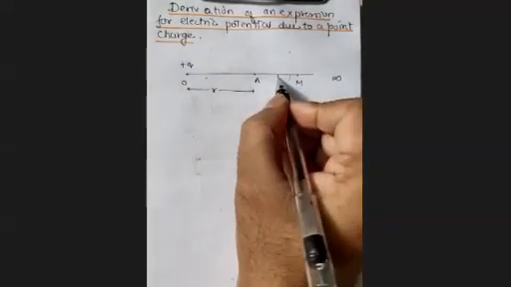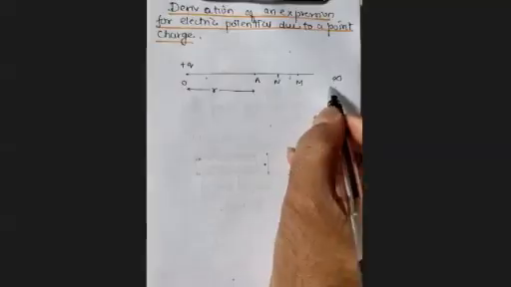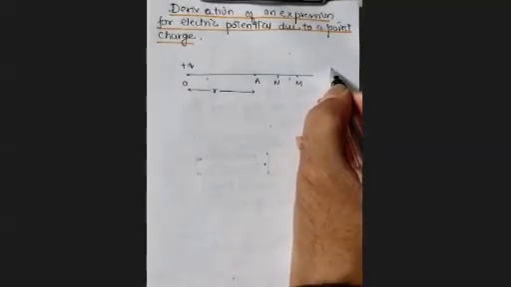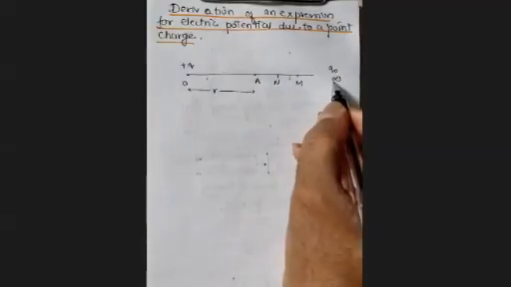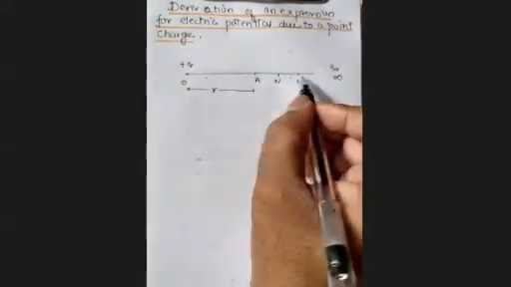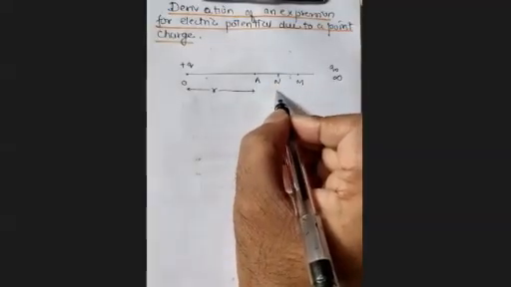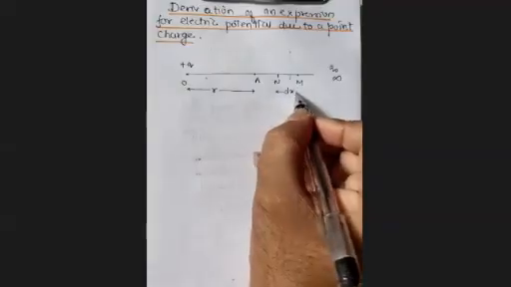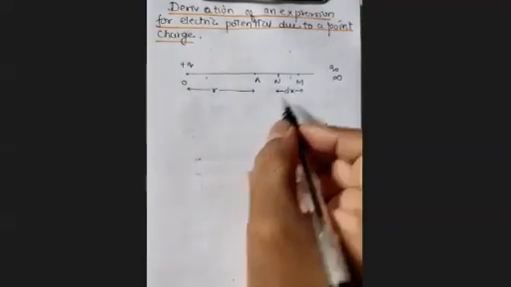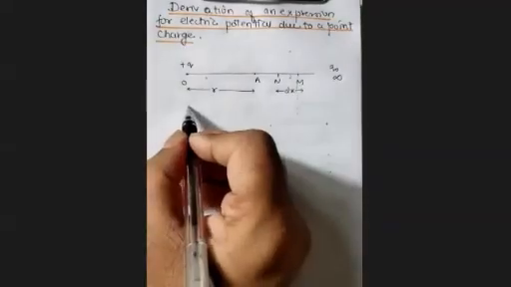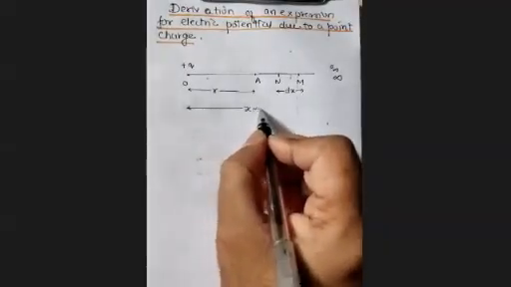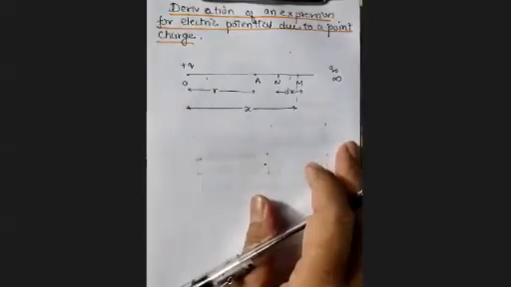We are bringing the unit positive charge, Q naught, from infinity to point A. So an intermediate position has come. The distance from here to here I have taken as dx. And this position from where it is brought is an unknown value, so it is taken as x.